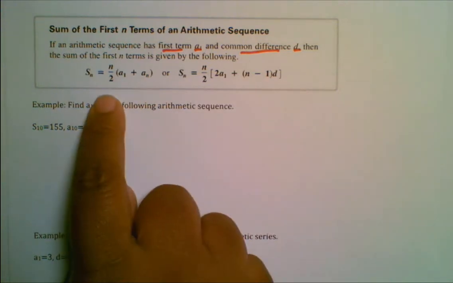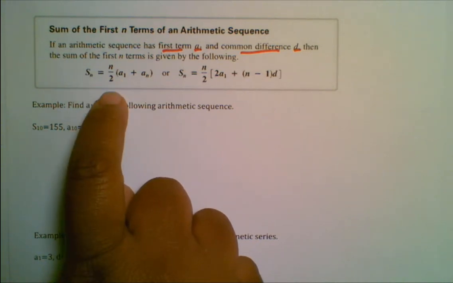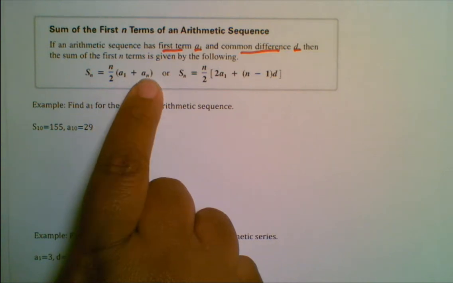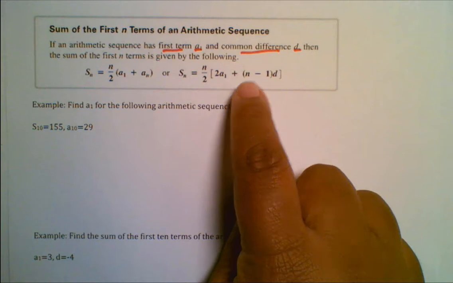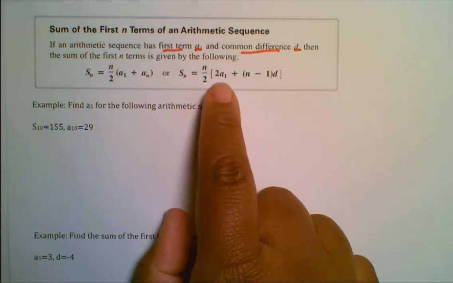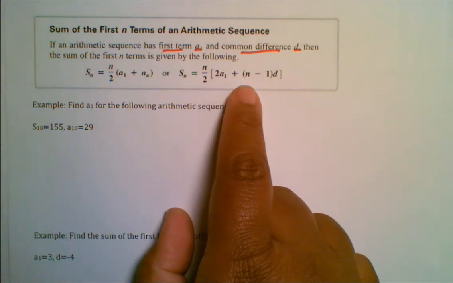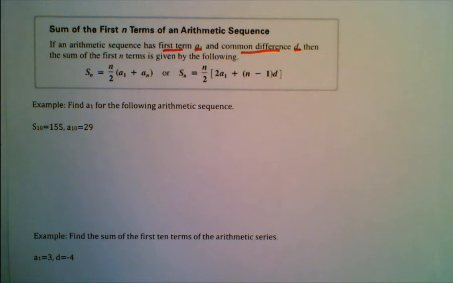Now, the first formula: S sub n, S meaning the sum, equals n over 2, n meaning the terms, times a sub 1 plus a sub n. Or S sub n is equal to n over 2 times the quantity 2 times a sub 1 plus the quantity n minus 1, then times d, the common difference.